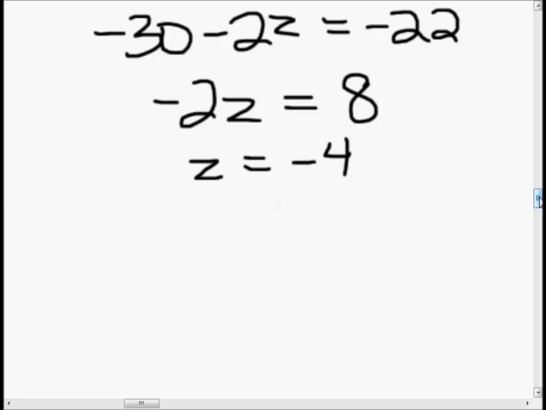So what do we do with this? Well, we can now plug this back in to our x. So what is x?